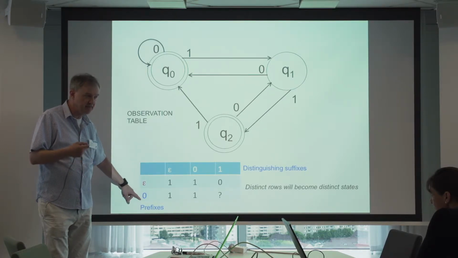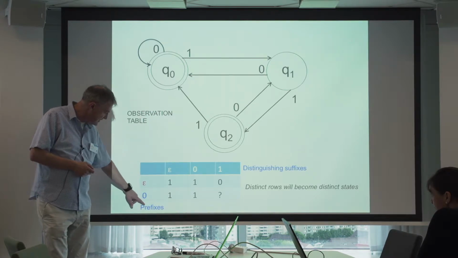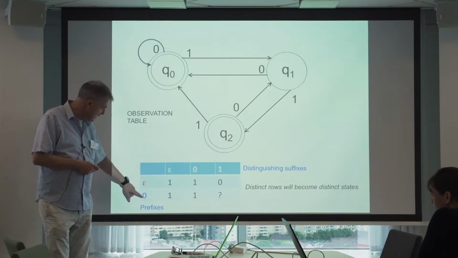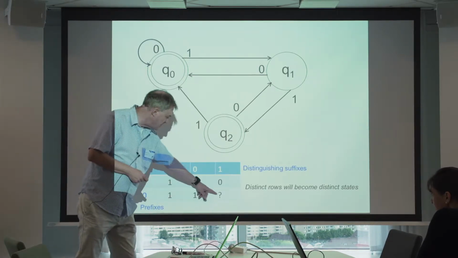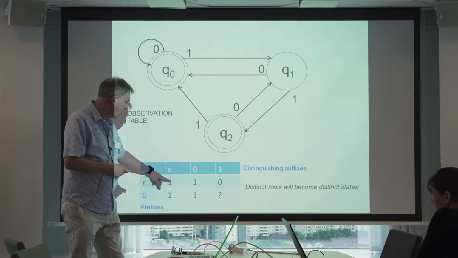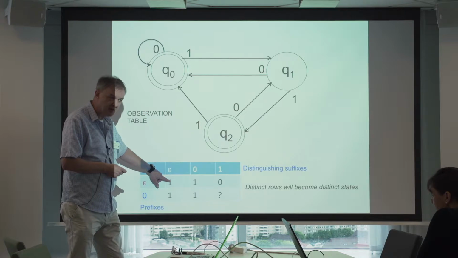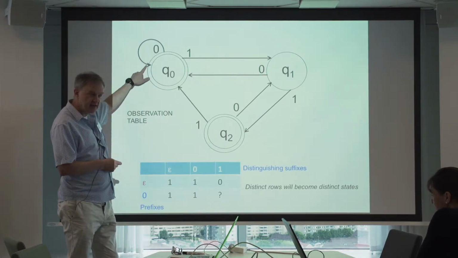This is a necessary part of the construction. There will always be blue prefixes where I can find a one symbol extension. If I concatenate epsilon with 1, that's missing at the moment, so I don't know where to jump on 1, but I do know where to jump on 0. I'll jump to this row here, and since we know that's a 0, I know where to go, because there's a red prefix, in other words a state known in the model where I can go. So it's nothing other than this transition here.